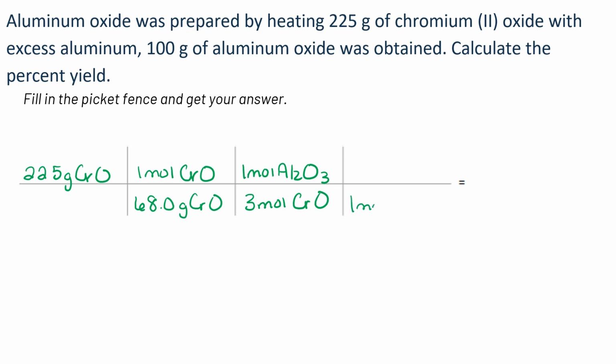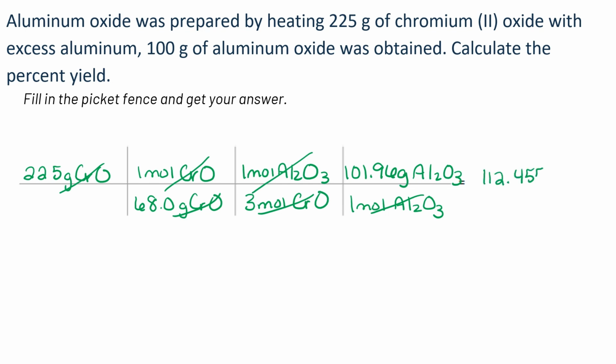I have 1 mole of aluminum oxide to 101.96 grams of aluminum oxide. I'm going to make sure everything cancels. And I'm going to get 112.455 grams of aluminum oxide.